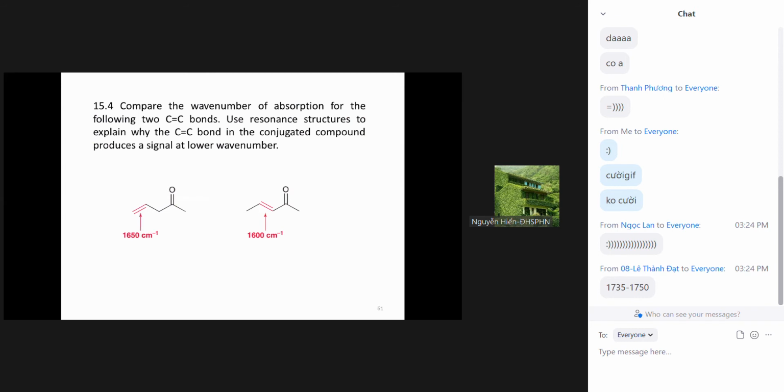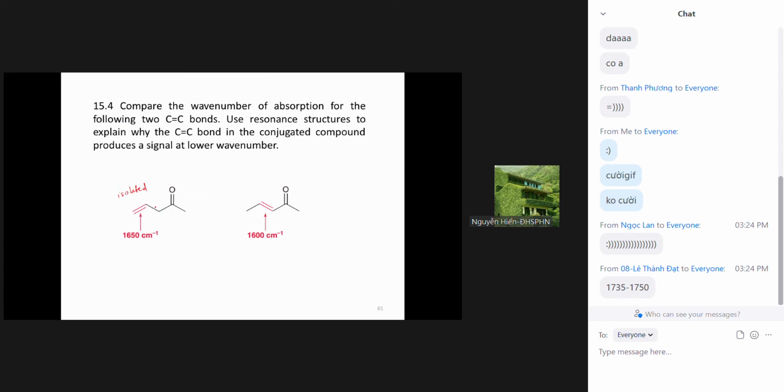Okay. Compare the wave number of absorption for the following CC double bonds. In our previous section, we compared saturated ketones with unsaturated conjugated ketones. Now you compare the CC double bond in the isolated case.